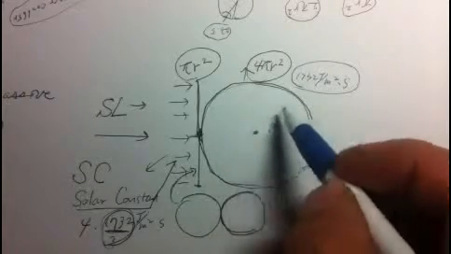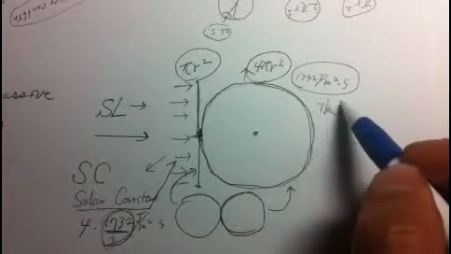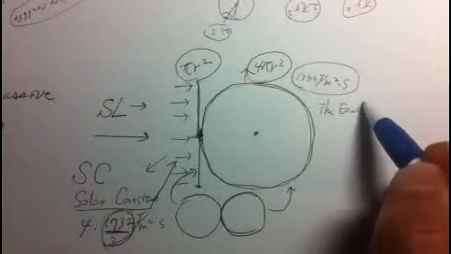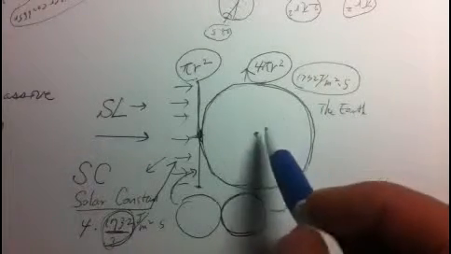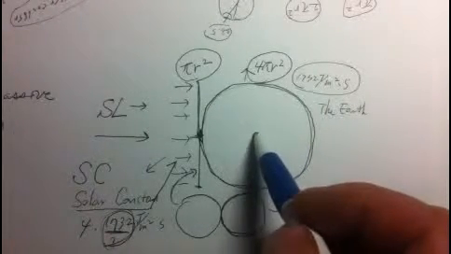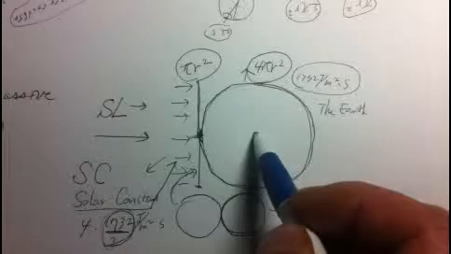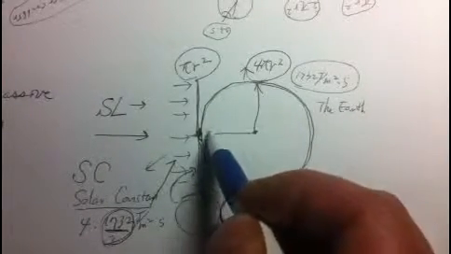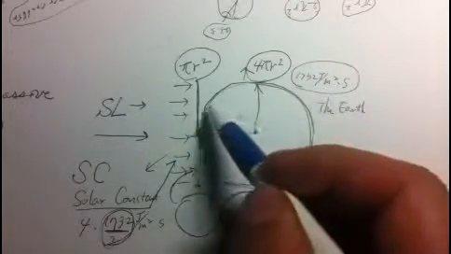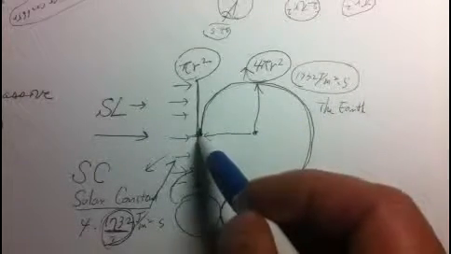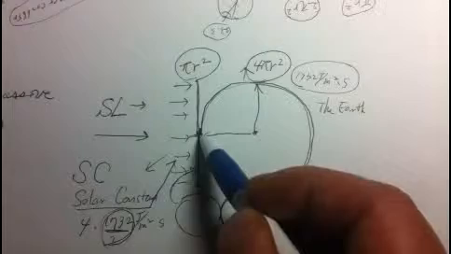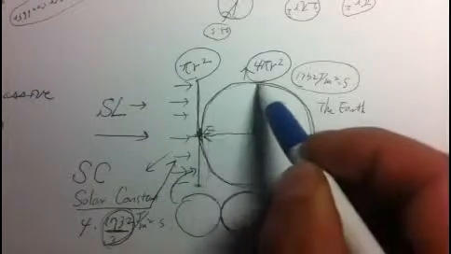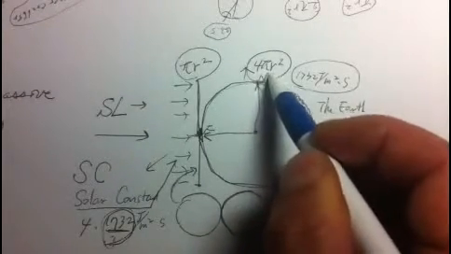Here we have the Earth. We use the Earth and this angle. We can guess this is the equator, and this is the North Pole.